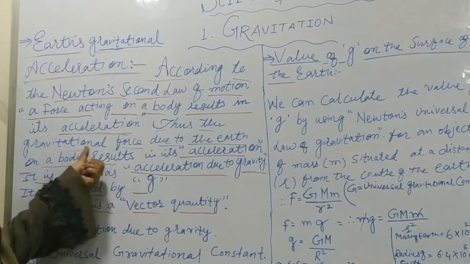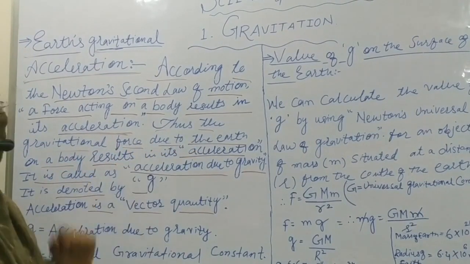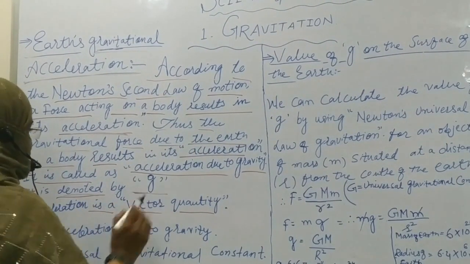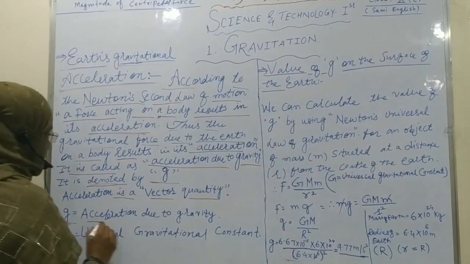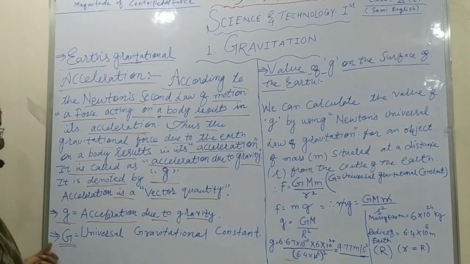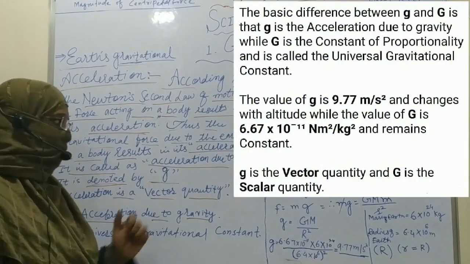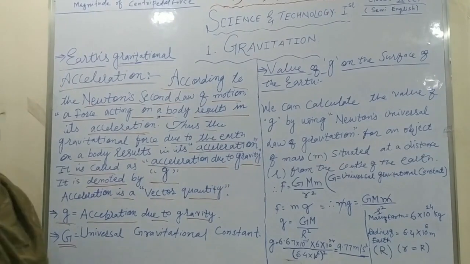When the gravitational force of the earth acts on that body, it is called the acceleration due to gravity. Here it is denoted by small g. Dear students, small g is the acceleration due to gravity, and we have used capital G also, that is the universal gravitational constant. That is all about Earth's gravitational acceleration.